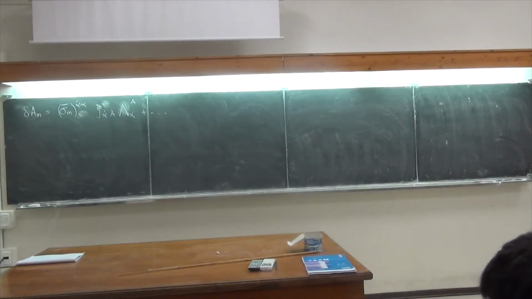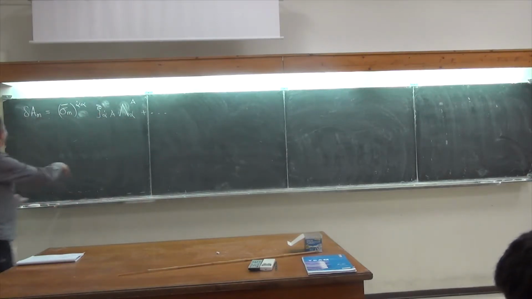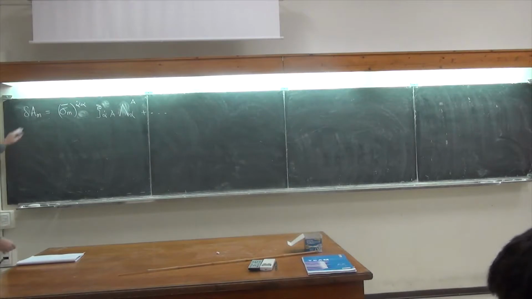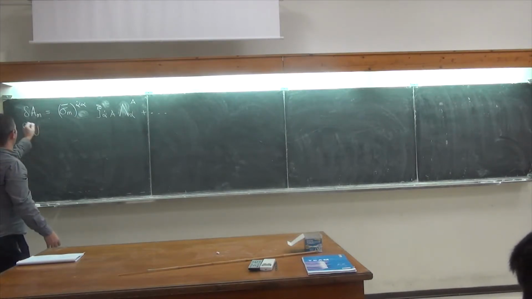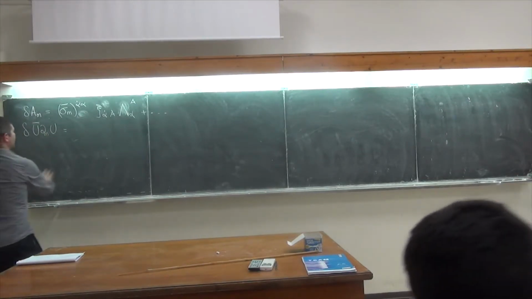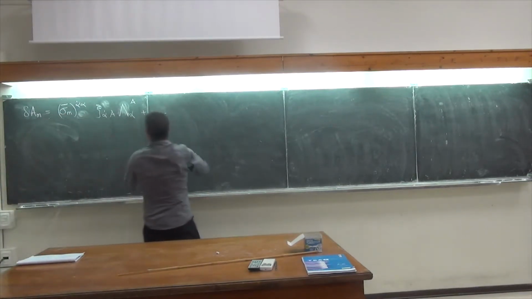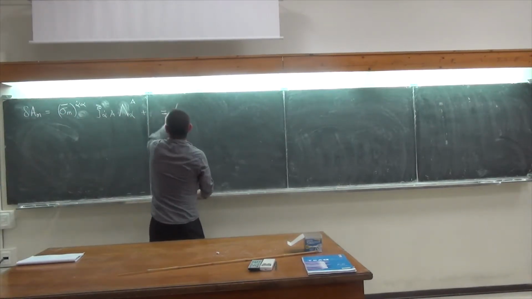But we already said that this gauge field, we know how to write in terms of ADHM. Let me call this quantity lambda.